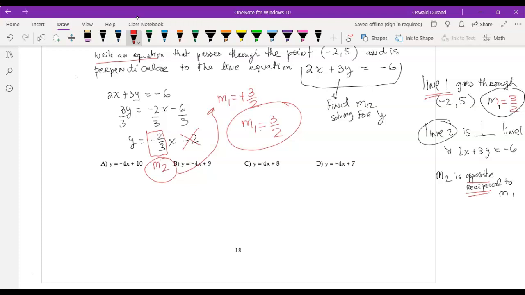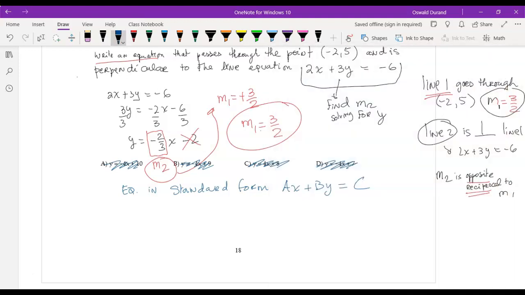Now I can do that. I want the equation to be written in standard form, because you're going to see a problem like this. And that's what we're going to do. Standard form means that I want it as ax plus by equal to c.